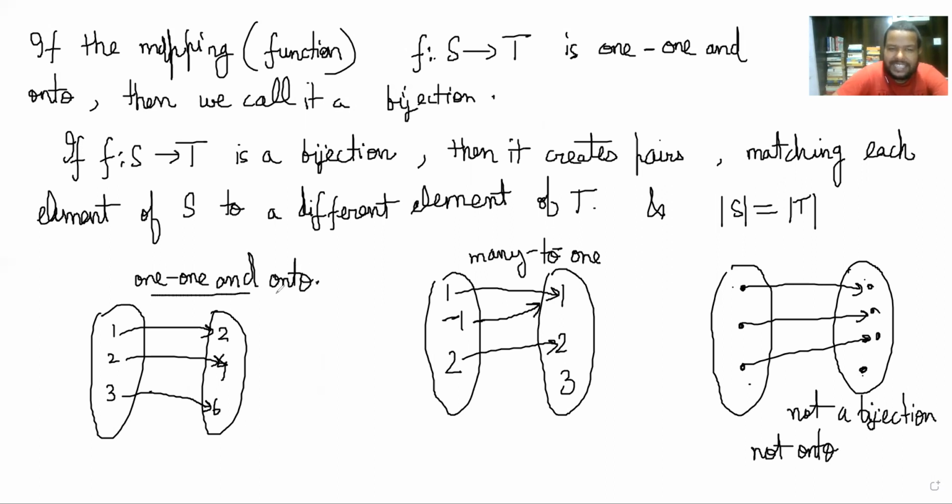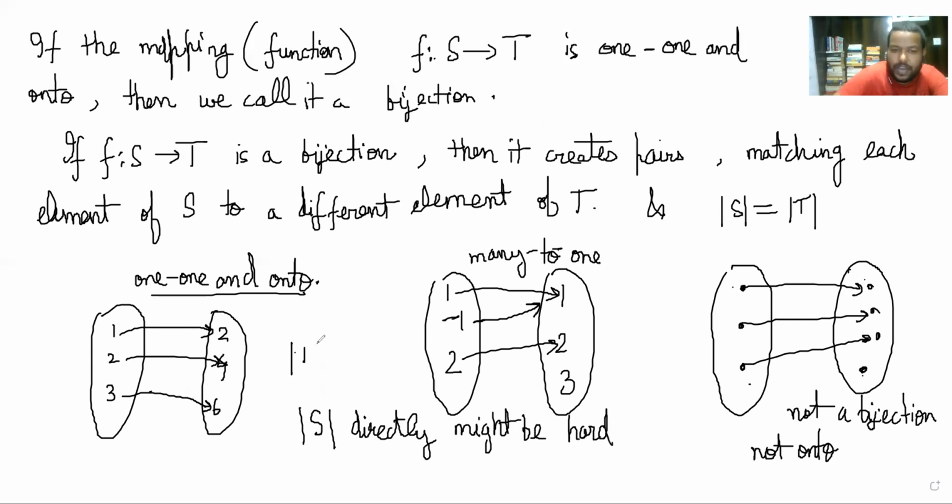So why is this relevant in combinatorial problems? It is relevant because sometimes calculating mod of S directly might be hard, but you could have another set T which is easy to count.